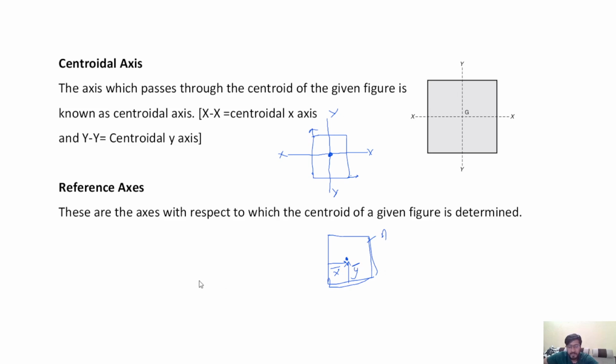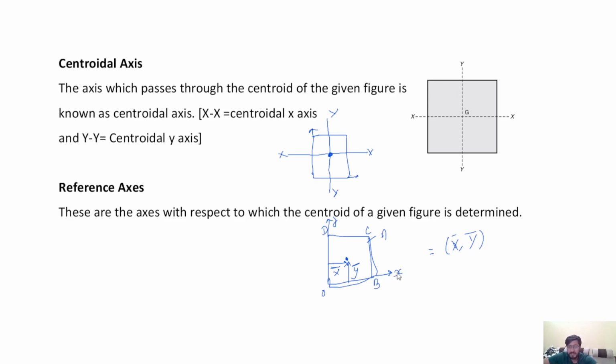And the centroid of the figure OBCD is equal to (x bar, y bar). This x bar is taken from the reference y-axis and this y bar is taken from the reference x-axis.